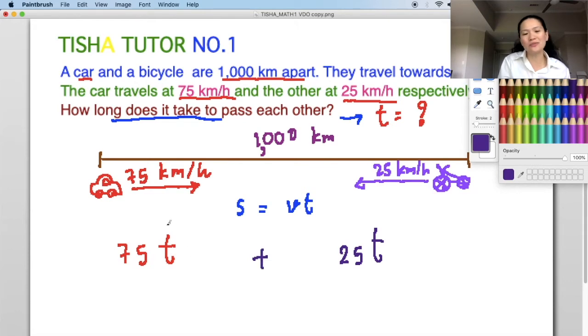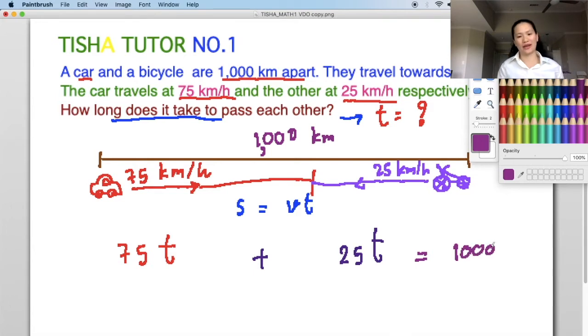When you add the distance for the car and the distance for the bicycle, it is like this: the car goes this way until here, and the bicycle goes this way. They use t time. Add them together, and the total distance is 1,000 kilometers.